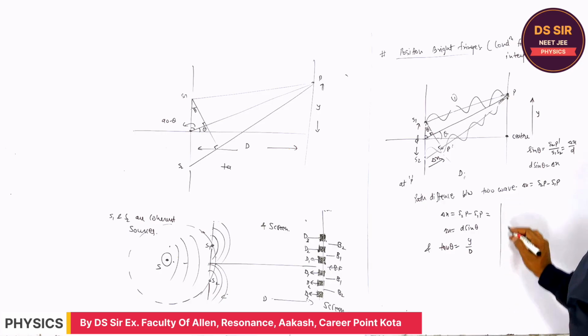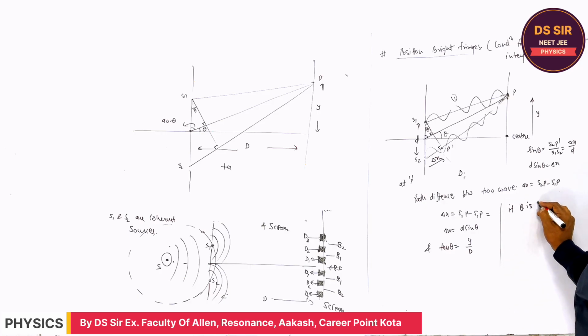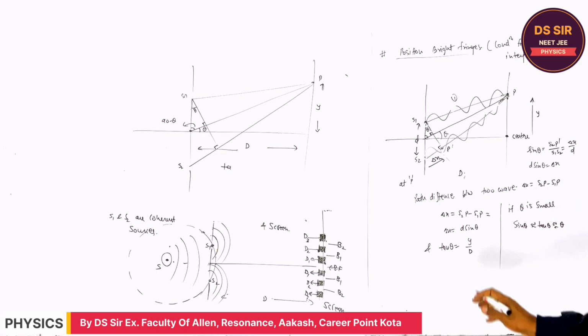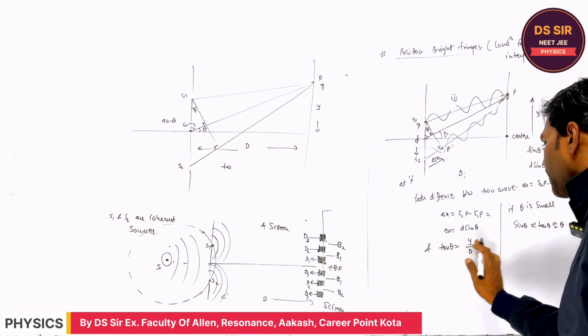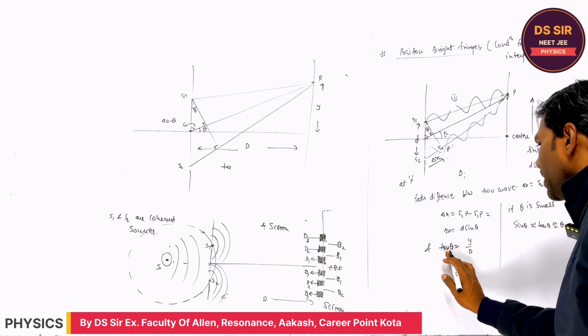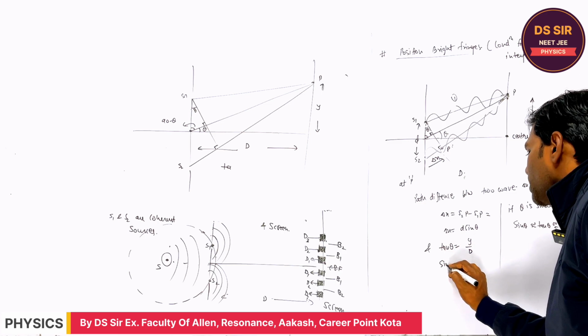But if theta is small, sine theta is approximately equal to tan theta, which is equal to theta, right? So tan theta, what is the tan theta? Tan theta is nothing but sine theta.